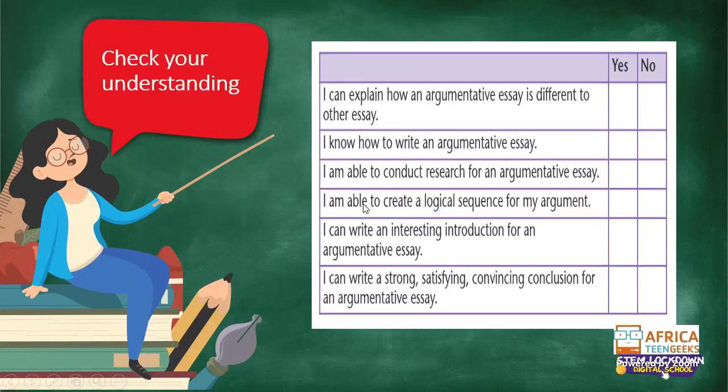I am able to create a logical sequence for my argument. I can write an interesting introduction for an argumentative essay. I can write a strong, satisfying, convincing conclusion for an argumentative essay. Please take this moment to reflect on this and see if there's anything else that you do not understand.